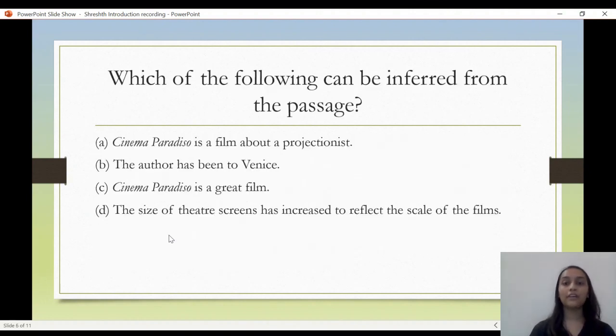Which of the following can be inferred from the passage? Option A. Cinema Paradiso is a film about a projectionist. Option B. The author has been to Venice. Option C. Cinema Paradiso is a great film. Option D. The size of theatre screens has increased to reflect the scale of the films.